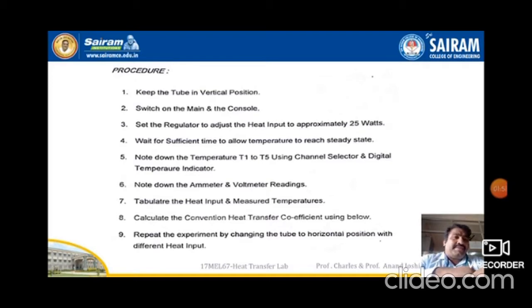Note down the ammeter and voltmeter readings, that will be the heat input, tabulate them, measure the temperatures and calculate the convection heat transfer coefficient using the below equations. Repeat this experiment by changing the tube to the horizontal position for different heat inputs.